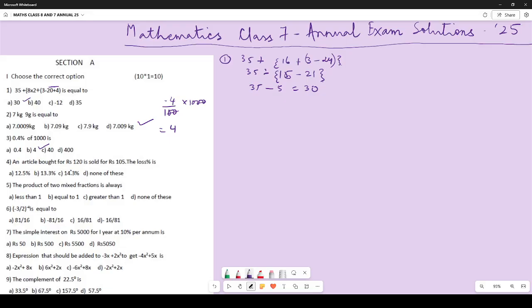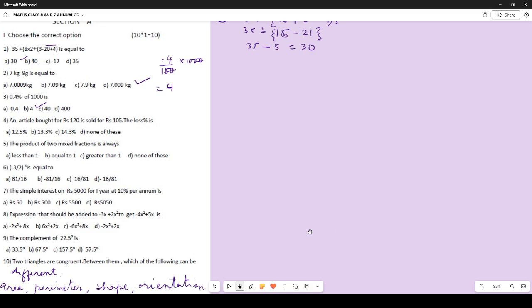An article bought for rupees 120 is sold for rupees 105. The loss percent is, so you can check over here, question number 4. CP is 120, right? CP is equal to rupees 120.